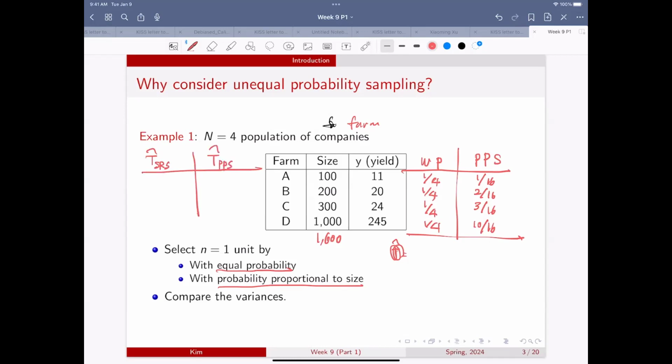If you do simple random sampling, you will get 11 times 4, 20 times 4, 24 times 4, 240 times 4, because you're selecting only one. If you observe this one, then you multiply by the inverse of the probability, right?